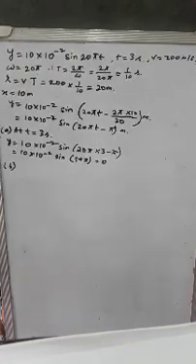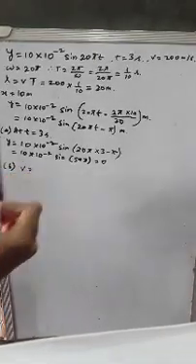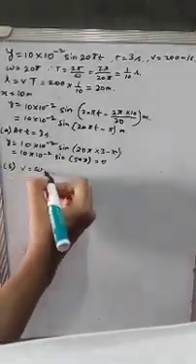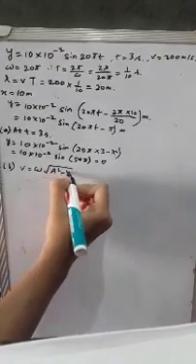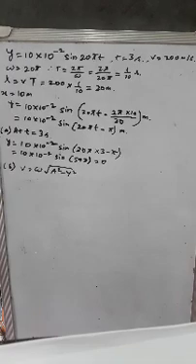So I'm taking one formula from there, that is v equals omega root a square minus y square. You can ask me why I have chosen this formula.